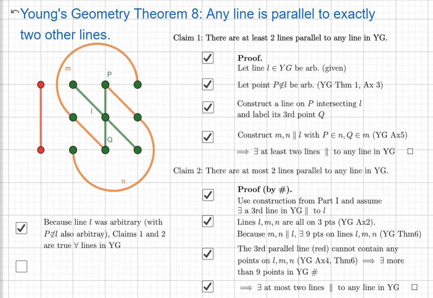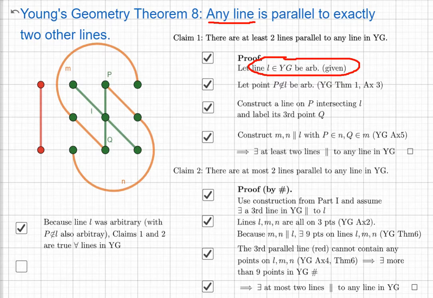Remember the structure of the proof. We're asked to prove that any line has some property. So the way we do that is that we let a line be arbitrary.